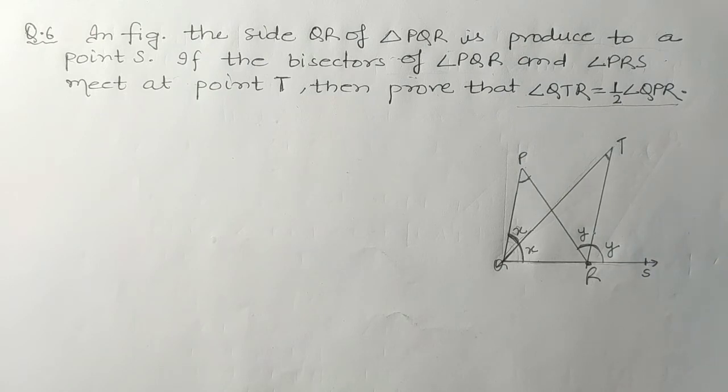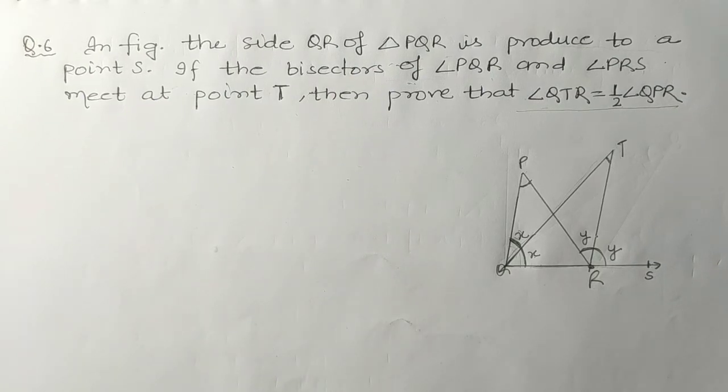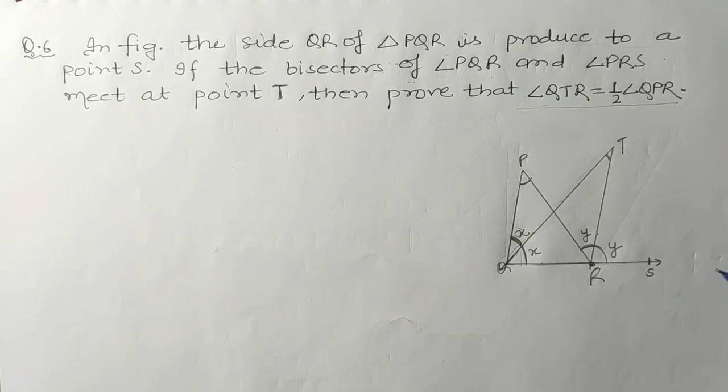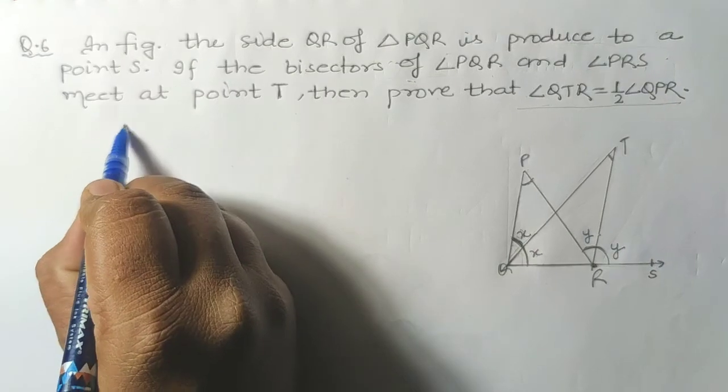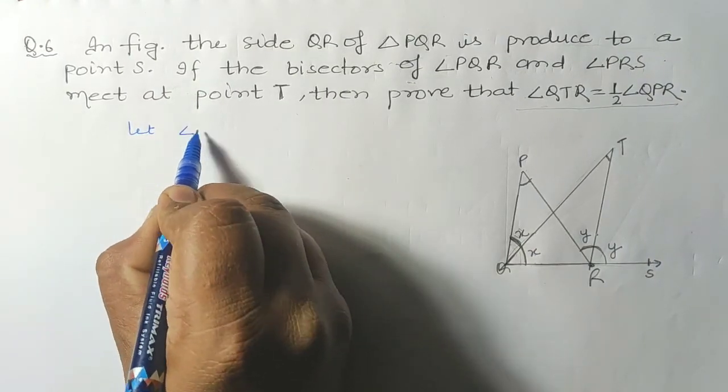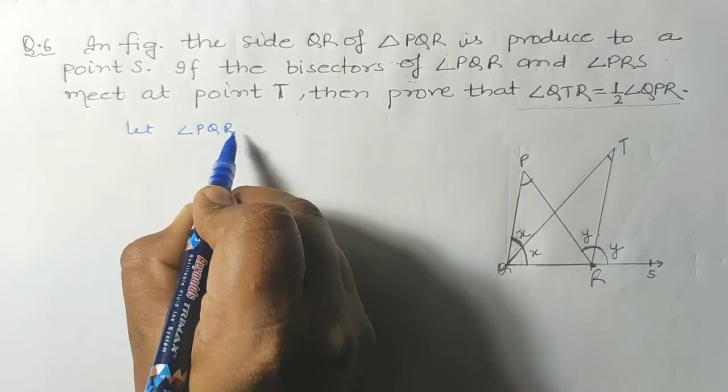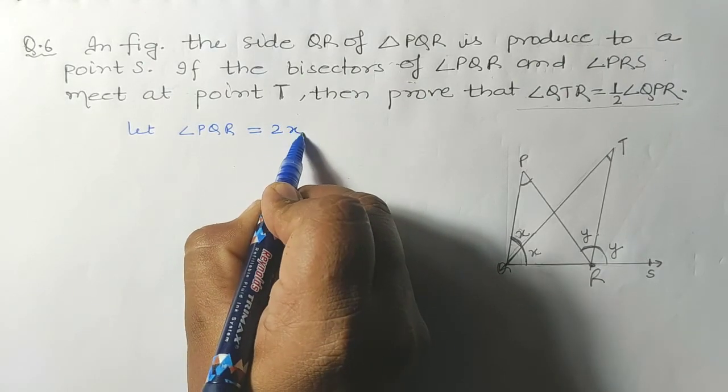How will we prove it? Let us see. So basically students, we will use the concept of exterior angle property here. But firstly, here we have assumed the angles x and x and y, so we have to mention it also. How will we mention it? Let angle PQR be equal to 2x.